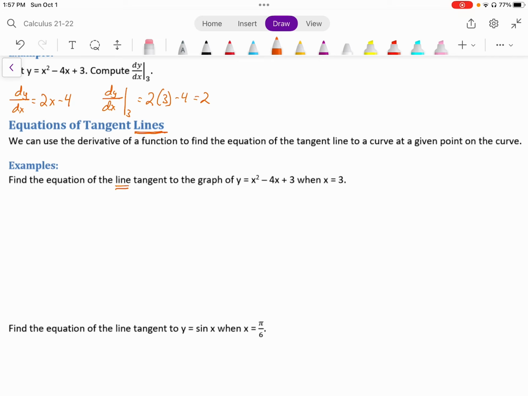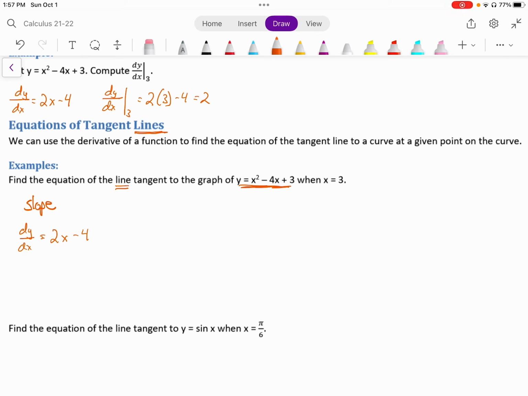equals 3. Well, we need the slope and we need a point. And once we know a slope and a point, we can plug it into slope-intercept form, and that will help us find b. So the slope, well, how do we find the slope of a line tangent to the curve? That's the derivative. We actually saw this function already. So dy dx, so we're finding the derivative of this is 2x minus 4.